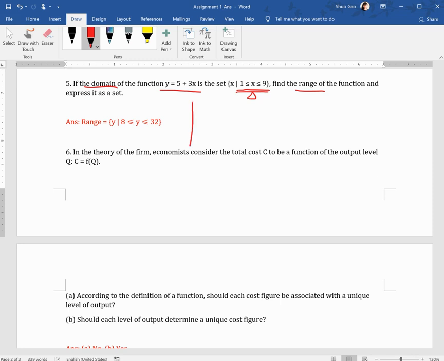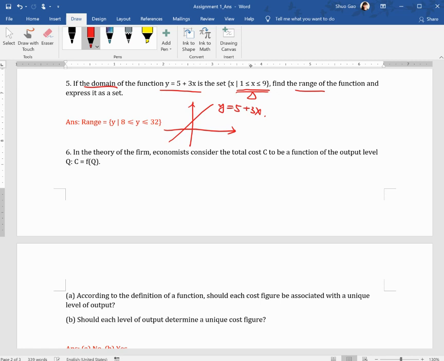Okay, so here in this example, if we draw a line of y equals 5 plus 3x, it should be something like this, right? It's a linear function, an upward sloping straight line on the coordinate plane.